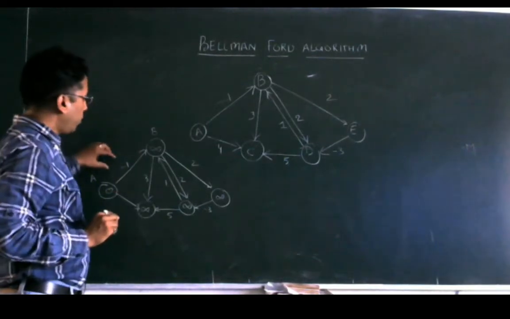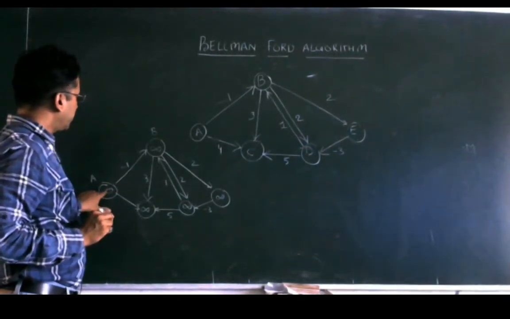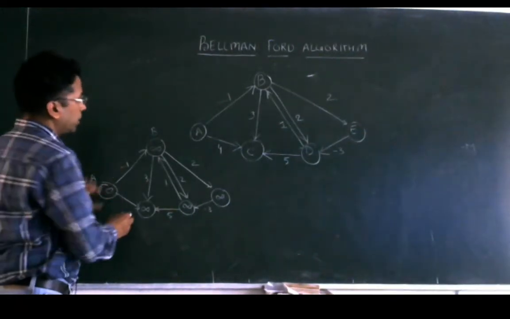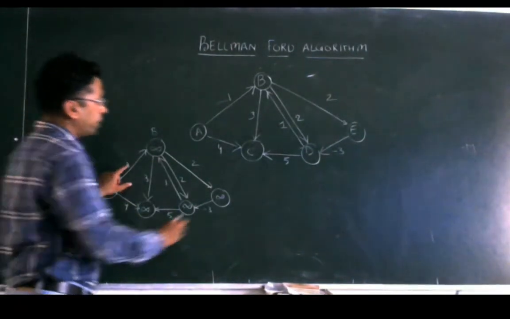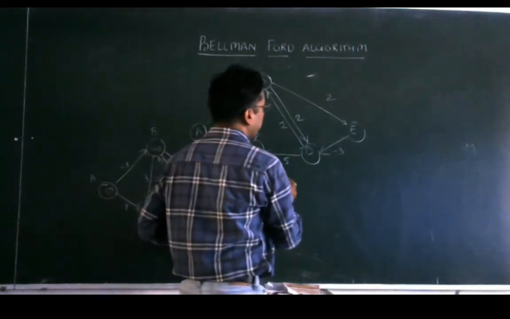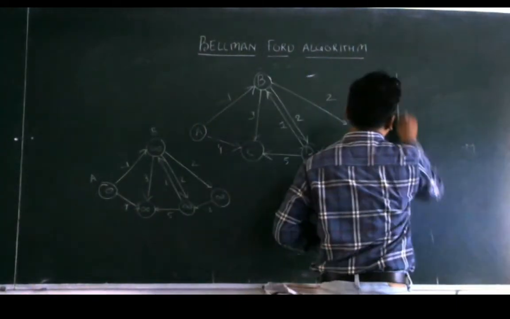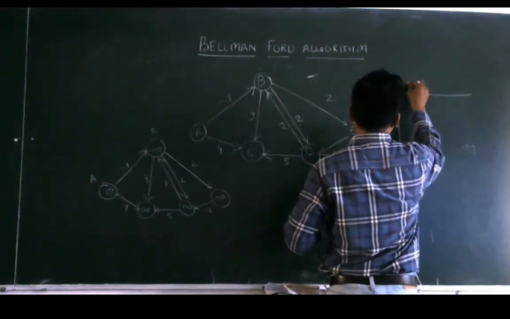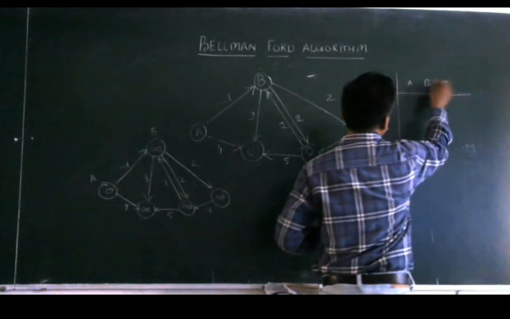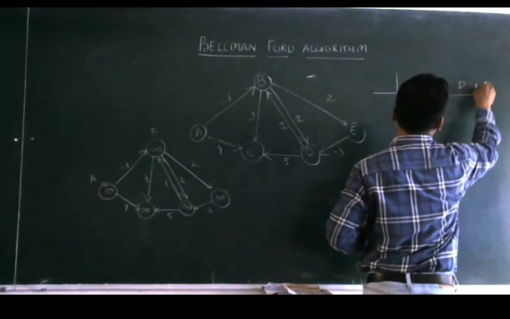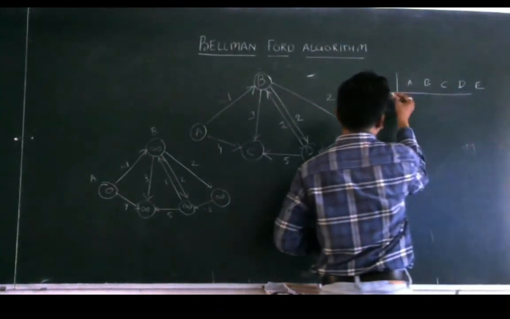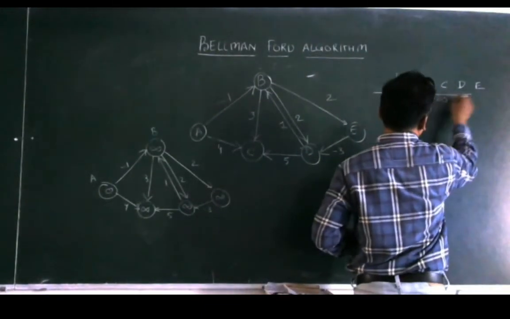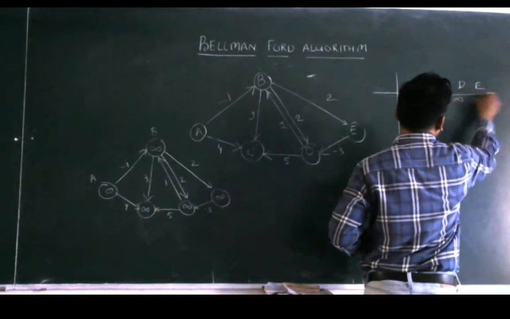Right. Now I shall have selected this node. So through this node there are 2 edges, and one is -1. So I shall draw a corresponding matrix for it. Here the vertices are A, B, C, D and E. Now through the vertex A, the initial value is 0, and the rest of the vertices start with value infinity. Right.